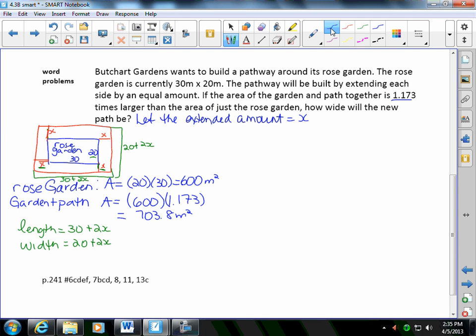So my new garden and path, I'll just put GP, my area is equal to my length times my width, so that's 30 plus 2x times 20 plus 2x. So I can multiply those through, and my area I knew was 703.8 is equal to 30 times 20 is 600. 30 times 2x is 60x. 2x times 20 is 40x. 2x times 2x is 4x squared.